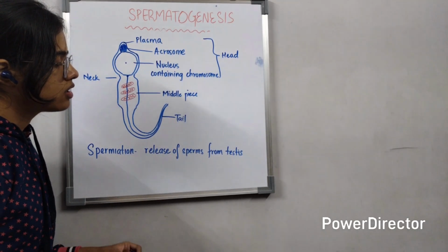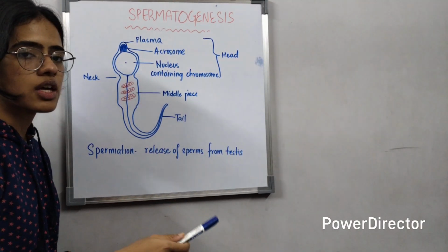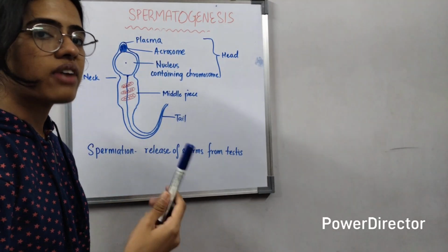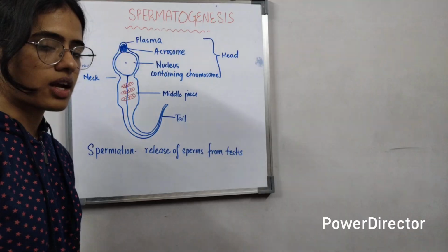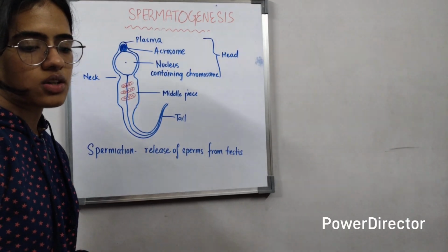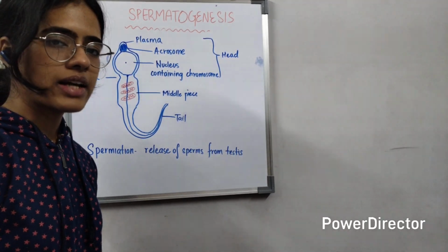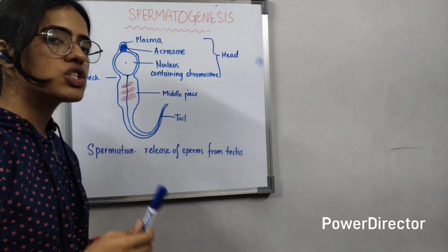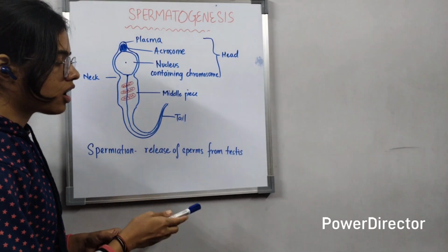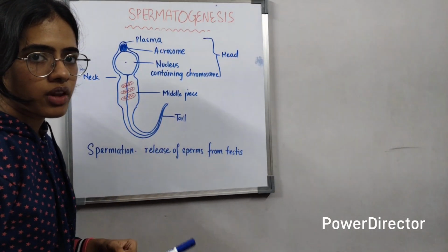Another thing is the released sperms and the Sertoli cells are transported via the accessory ducts present inside the male reproductive system. The male reproductive system consists of the epididymis and the vas deferens, which release some secretions which are added along with the sperms and the Sertoli cells.